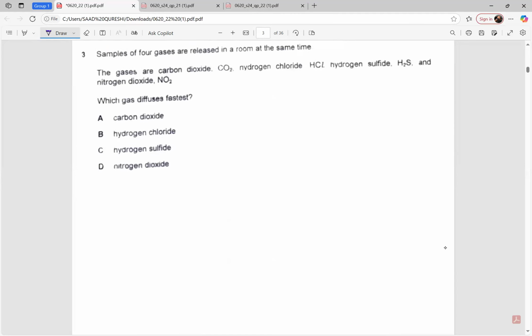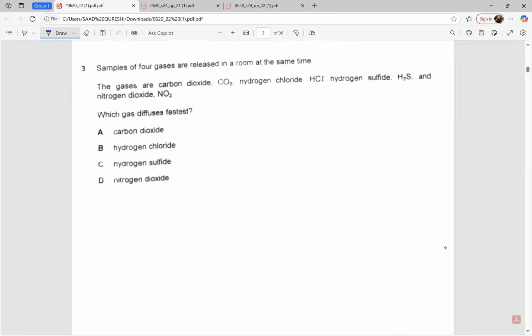Number 3, samples of 4 gases at room temperature at the same time. The gases are carbon dioxide. Okay, so which gas diffuse the fastest? Obviously, the gas which is lightest in mass, which has the smallest Mr, will diffuse the fastest. So carbon dioxide mass is 44.